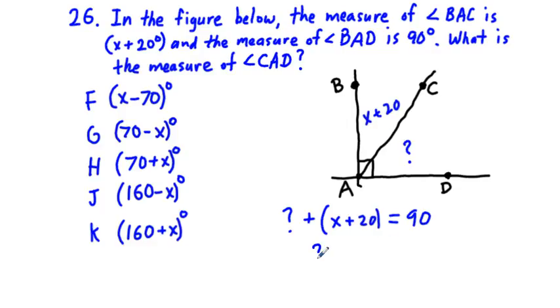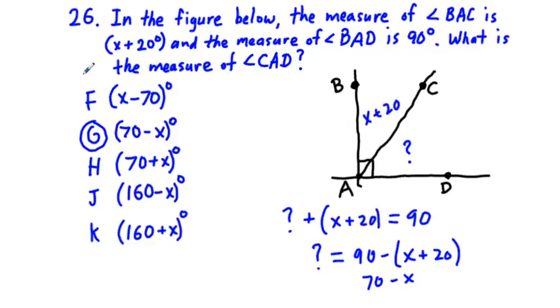So question mark is going to be equal to 90 minus this x plus 20, and that's going to simplify to 70 minus x degrees. So our correct answer to this one is G.